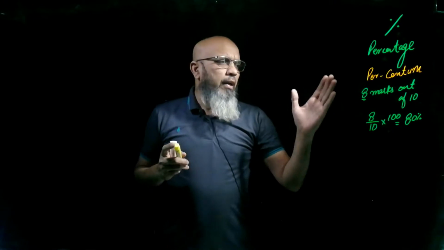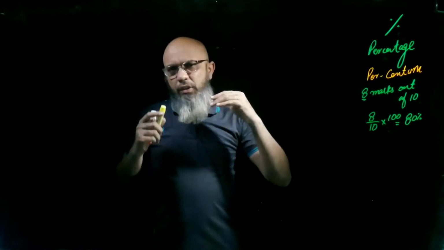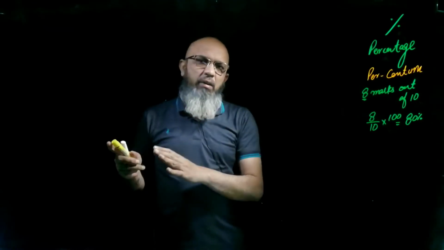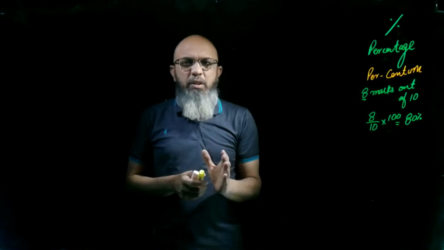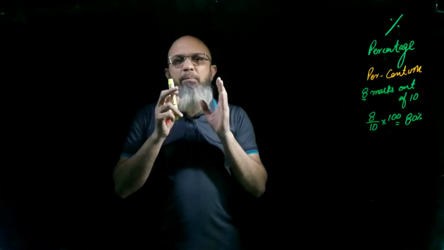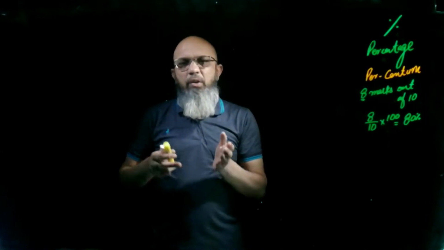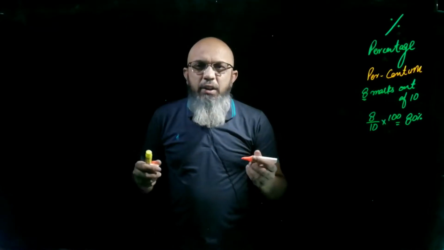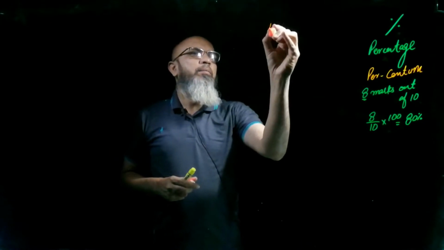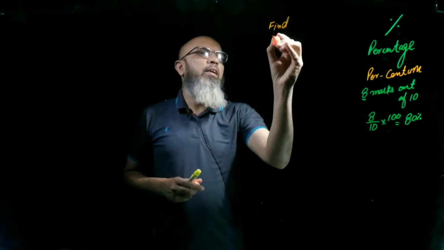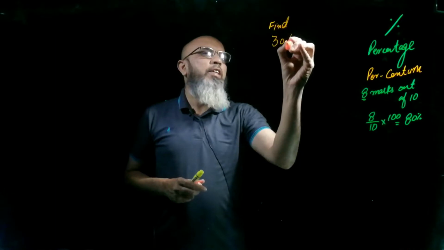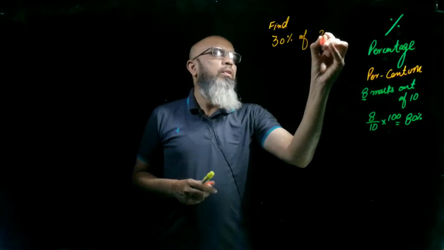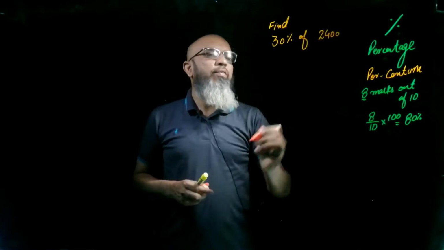Similarly, we convert decimal form and fraction form into percentage, and we convert the percentage form into the fraction form or the actual amount. Let's consider an example: find 30% of 2400.